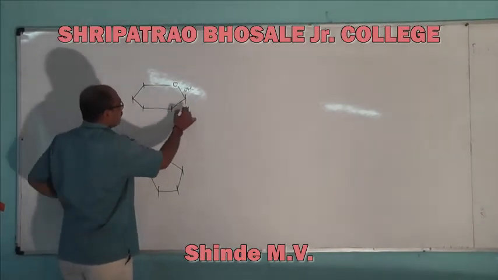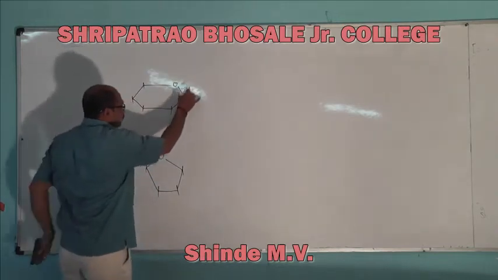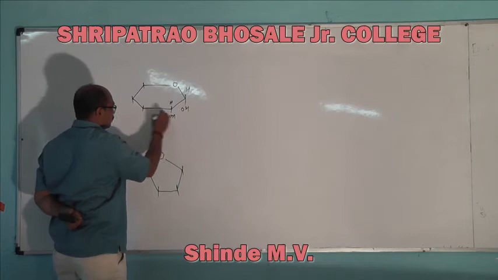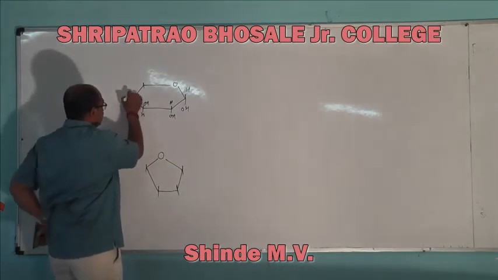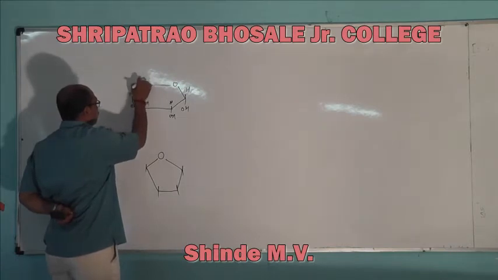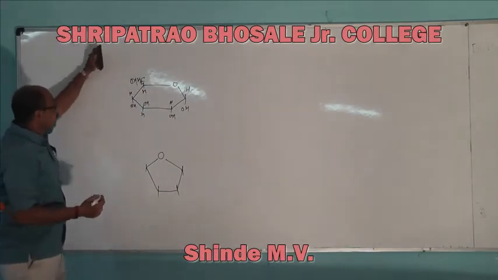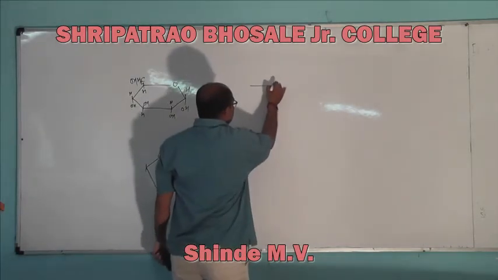This one is the structure of alpha glucose. I am drawing the structure of beta glucose like this.